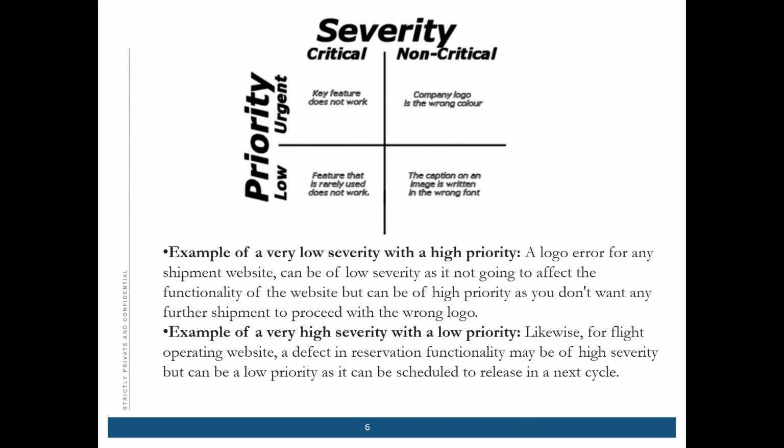But high severity, like sometimes in a credit card, everything is working fine, but a major functionality or a major thing is missing in that, but nobody used that functionality.